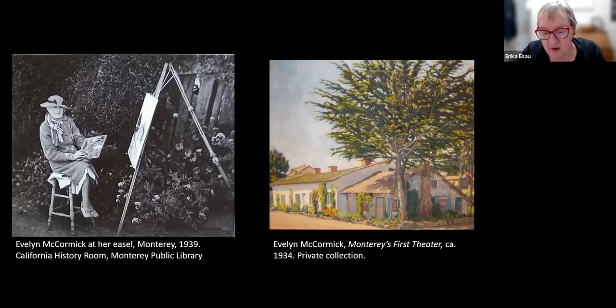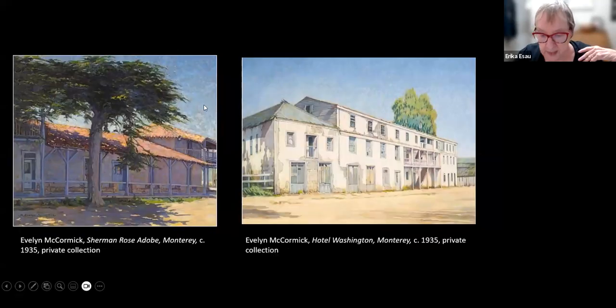McCormick's later work, for which she gained significant recognition, focused on the old Spanish buildings of Monterey, characteristically in this linear style of hers. In the Depression, she was commissioned by the WPA to produce images of old Monterey buildings, one of her favorite subjects.